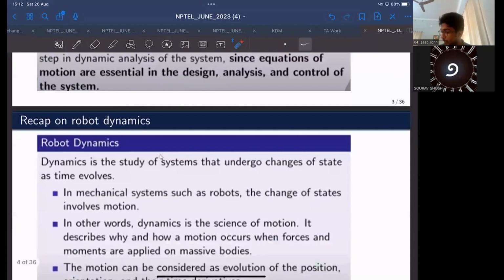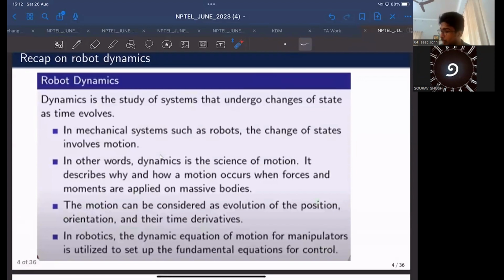Moving on, it basically says robot dynamics is a study of systems that undergo change of state as time evolves. If a robot is at a state governed by its position coordinates, q of t, q dot of t, and q double dot of t, what would be the position of the robot at a different instance: q of t plus 1, q dot of t plus 1, q double dot of t plus 1, right?